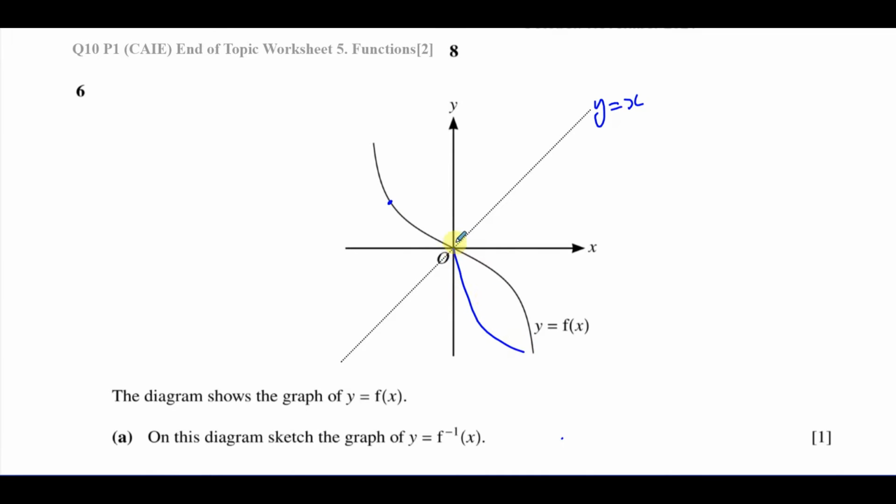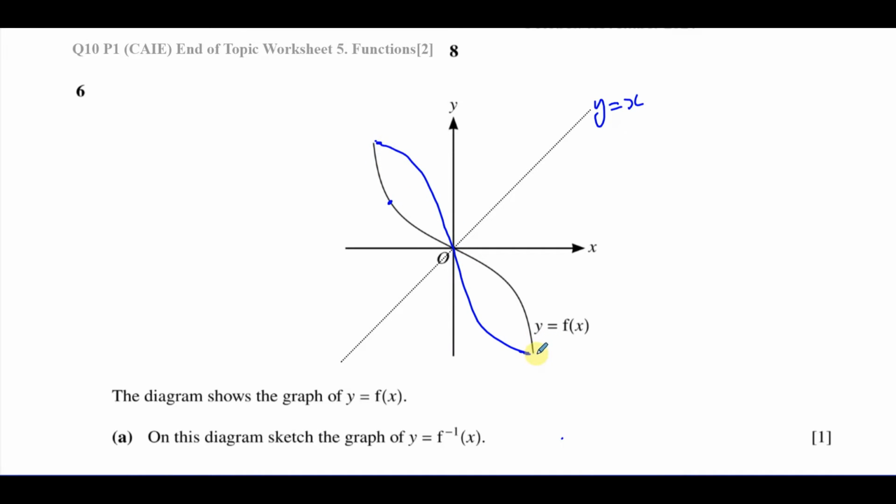And similarly, this is going to be reflected also in this line y equals x. So you're going to have this going something like that. So it's going to go something like this. You can think of these two as almost heading towards asymptotes. So these two will also be heading towards asymptotes as well.